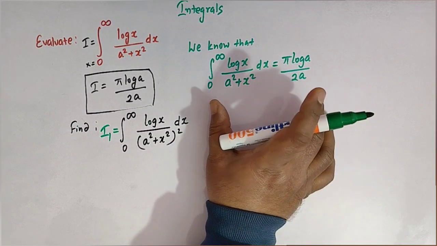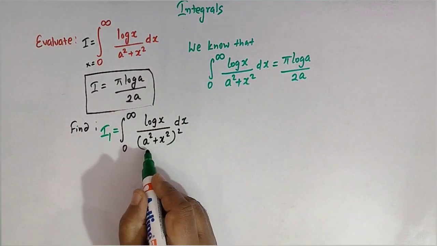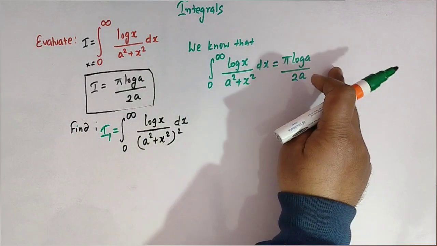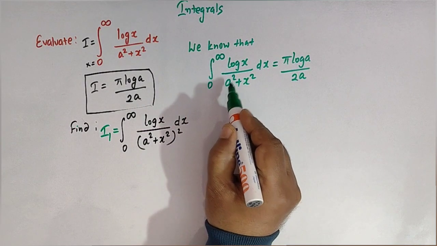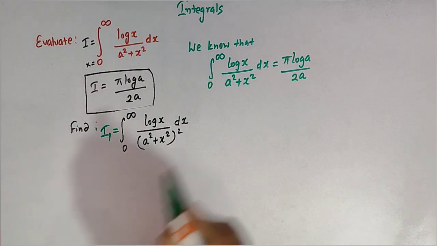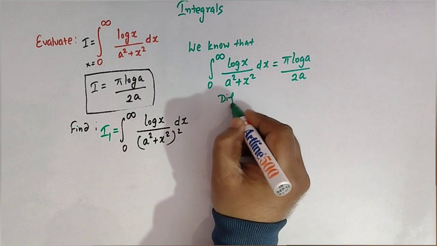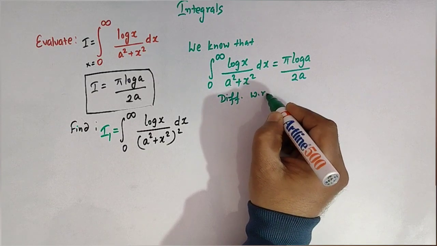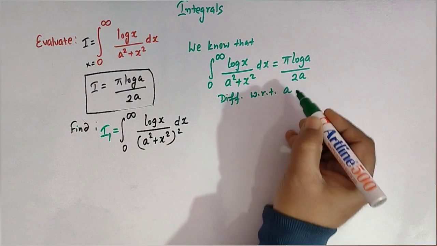So now, to get the value of this integral, we will differentiate both sides by taking a as the variable, right? It means we'll differentiate partially both sides with respect to the variable a.